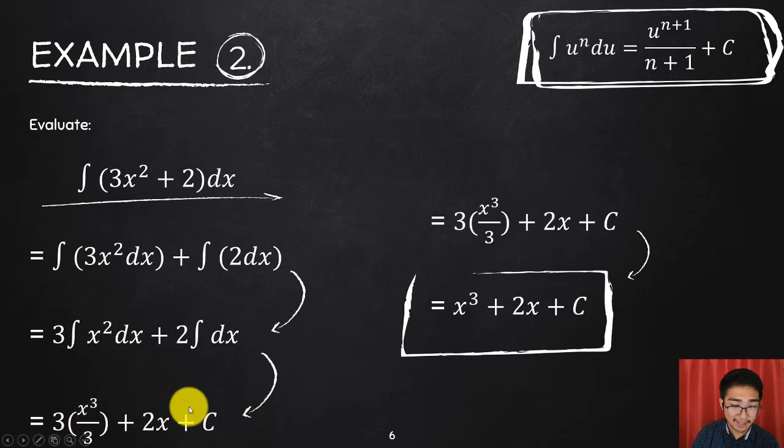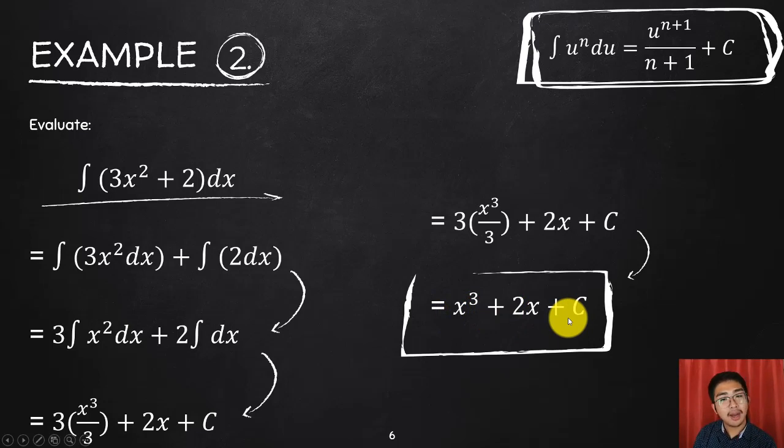So just one c. As a rule, or for simplicity, you can write plus c on your final answer only. So don't write individual c's for individual integration of the same problem, okay? If you try to simplify this, the 3 can be cancelled out. So this becomes x cubed plus 2x plus c.